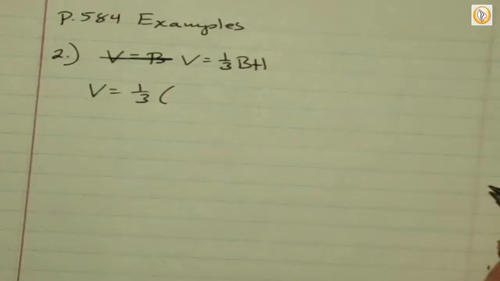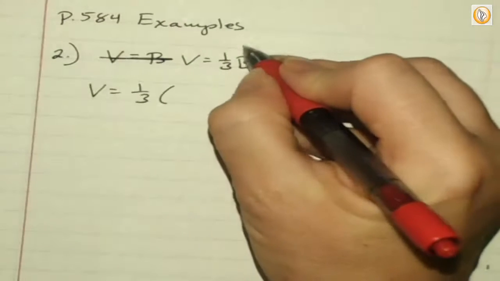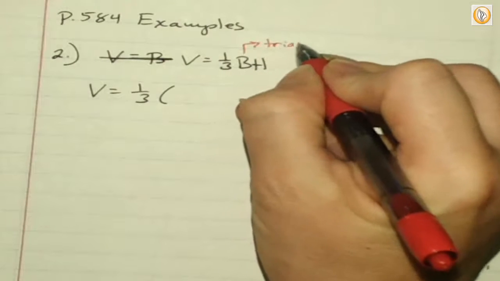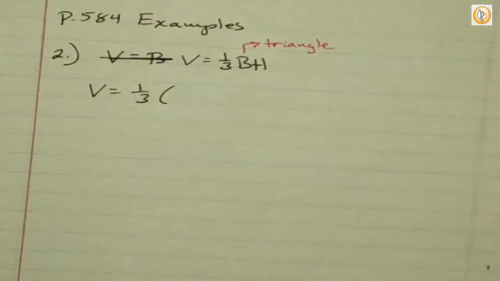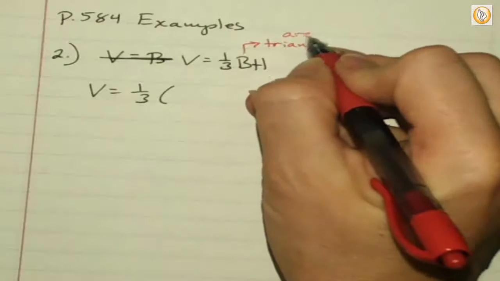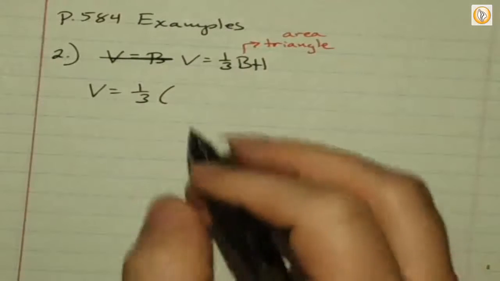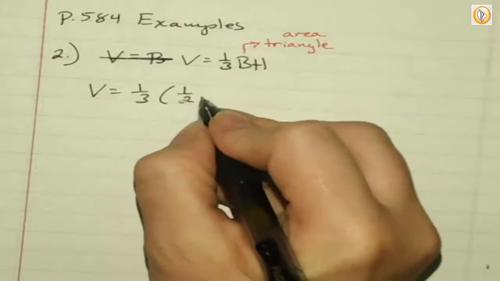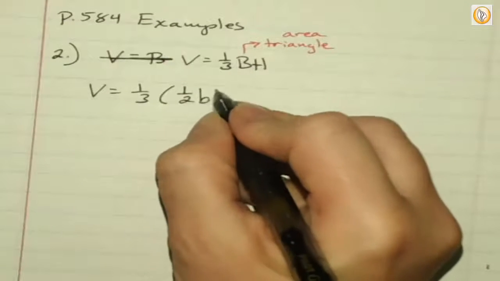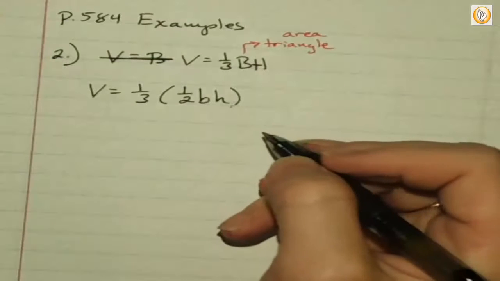All right. Does everyone see number 2 has a base of a triangle? So what's the formula for the area of a triangle? 1/2 times length times width. It's 1/2 base times height for a triangle.